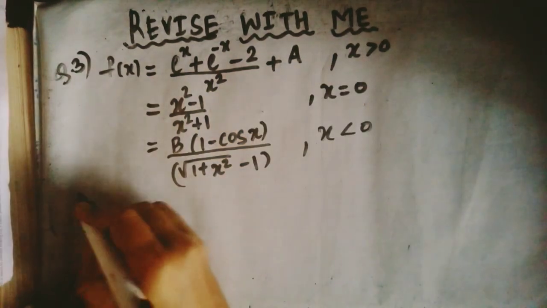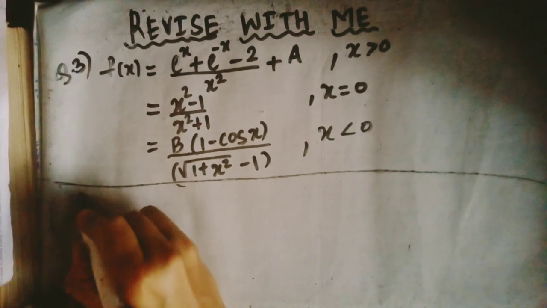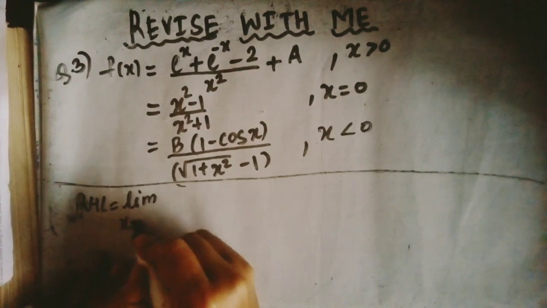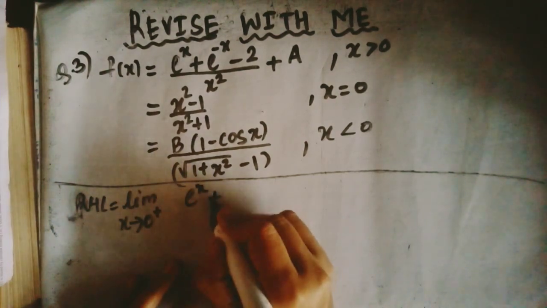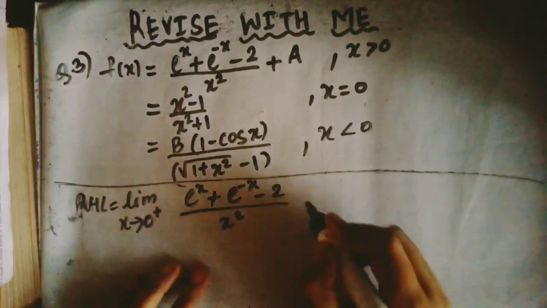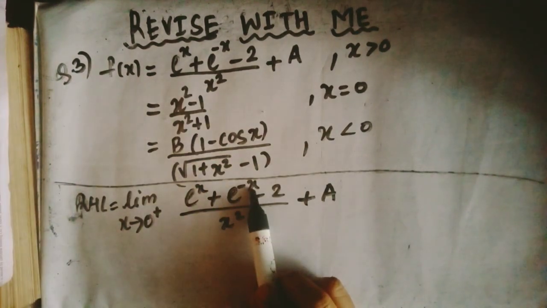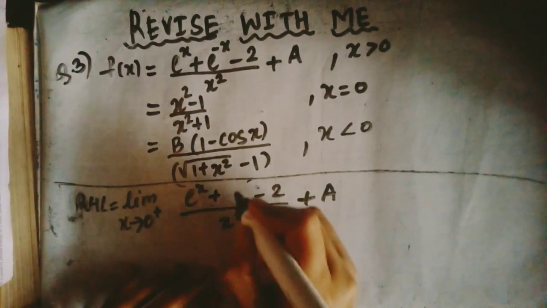Okay, so limit RHL, limit as x tends to 0 plus e raised to x plus e raised to minus x minus 2 upon x square plus a. Okay, now this e raised to minus x, I can write it as 1 upon e raised to x, right?